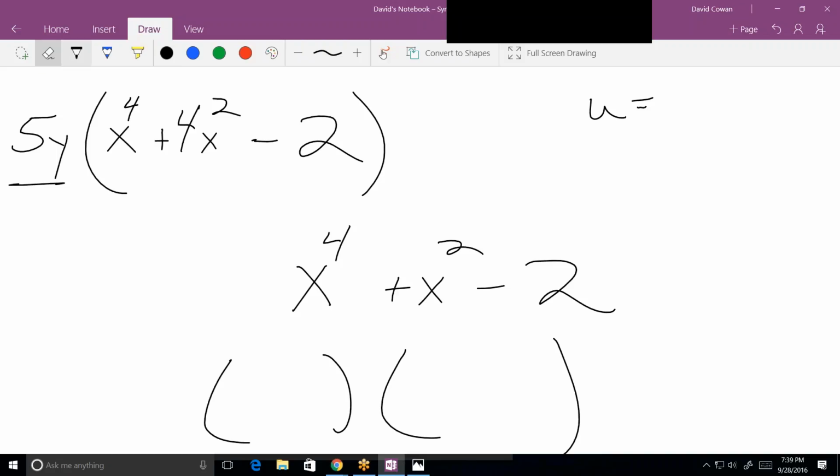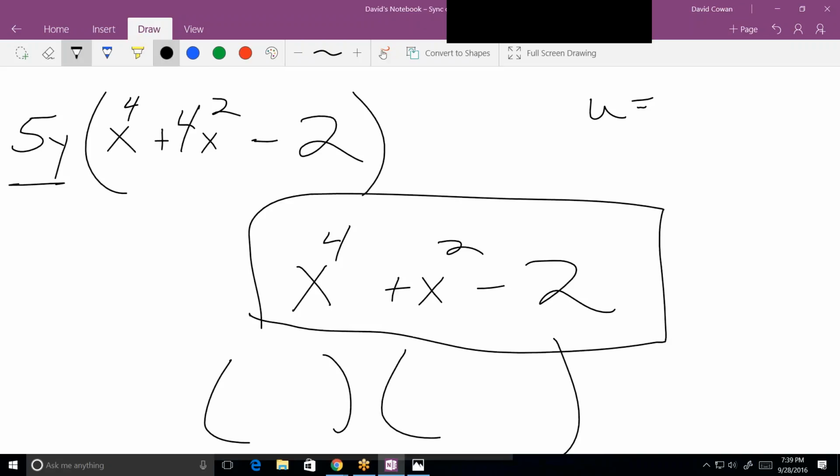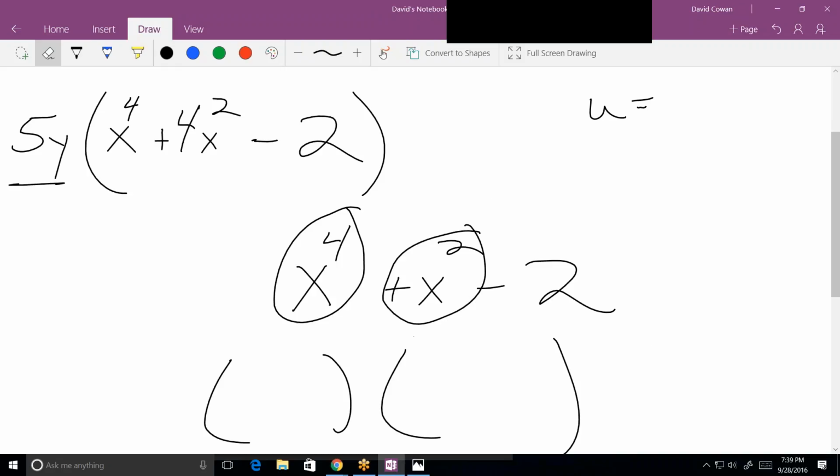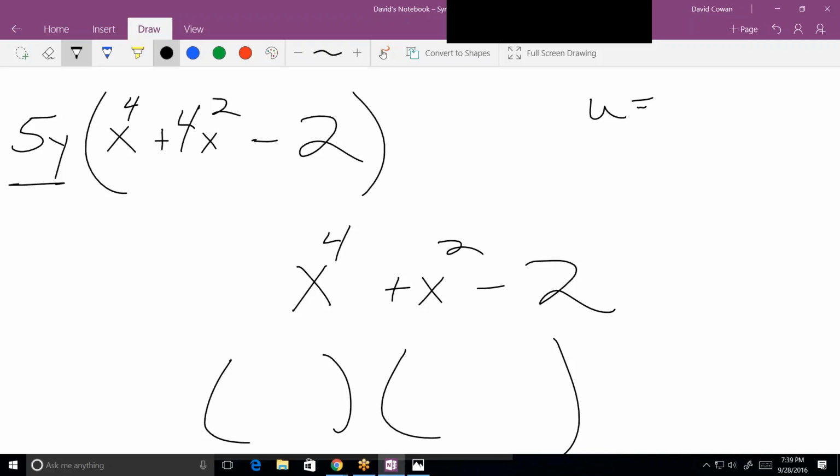Even though it looks like a quartic, because it's to the fourth power, it's really a quadratic, because this term here is the square of that term there. Whenever you have that, it's really a quadratic in disguise. The way to solve quadratics in disguise, there's all kinds of them, is to use U substitution. And you let U equal the middle term. So what would U squared be equal to?